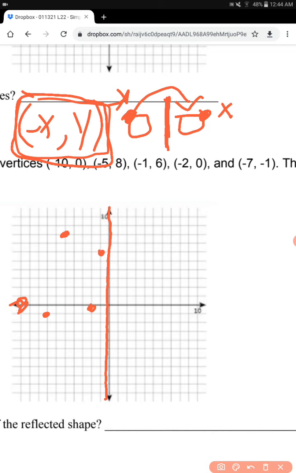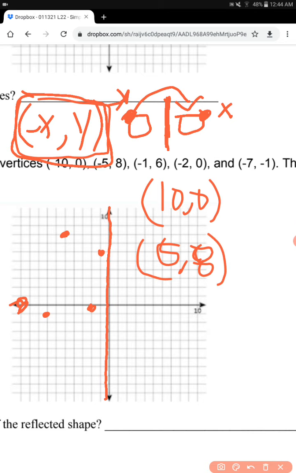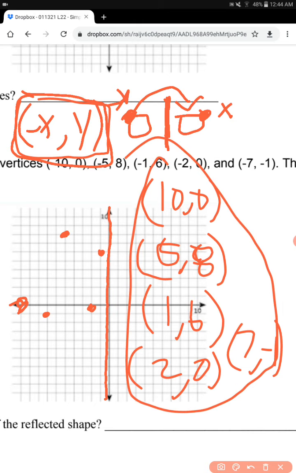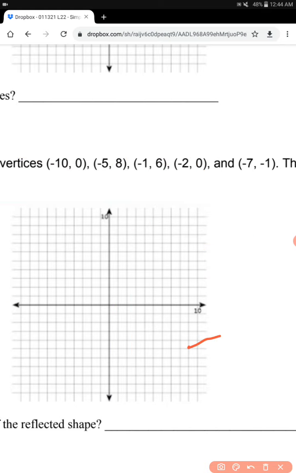So this was originally negative 10, 0, so then that becomes 10, 0, and then that becomes 5, 8, and that becomes 1, 6, that becomes 2, 0, and that becomes 7, negative 1. Because y doesn't change, but the x becomes opposite. And then you can plot these points on the graph, and that's your reflected version. Those are your new coordinates.